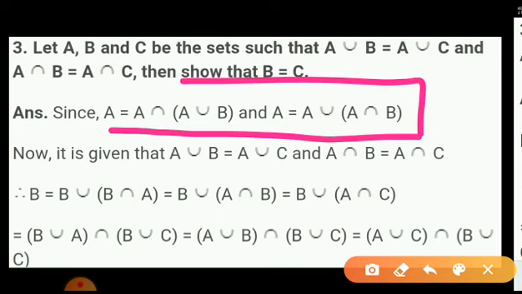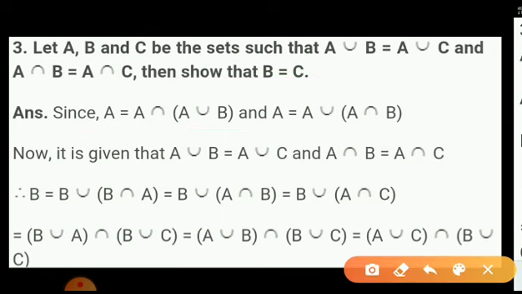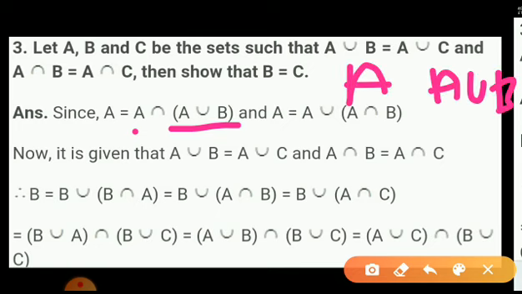This step should be remembered. This step. See what it is? Can I write A as A intersection (A union B)? Because when I take the intersection, I will always get the smaller set. So between A and A union B, which is the smaller one?